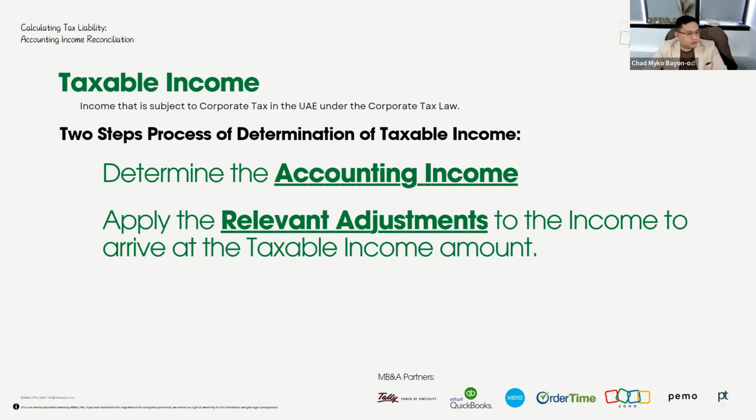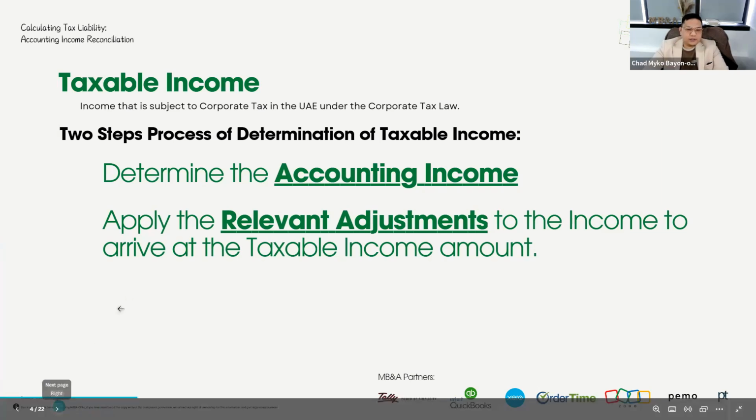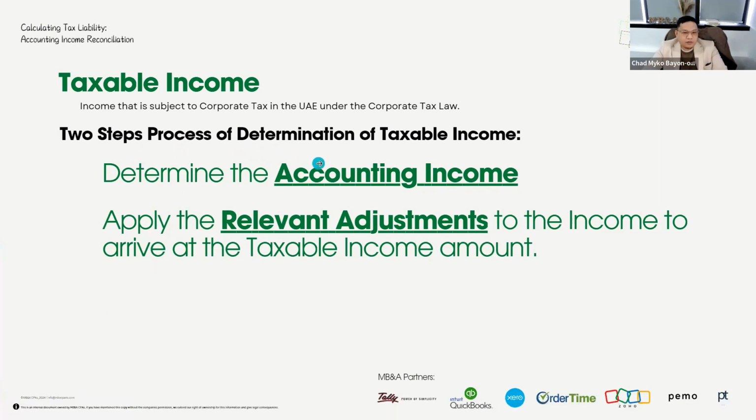Okay, so we have 60% who had got the correct answer. Okay, so let's go back. So again, the two steps for a process of determination of your taxable income is based on your first is actually determining your accounting income. Second is apply the relevant adjustments to the income to arrive the taxable income amount.